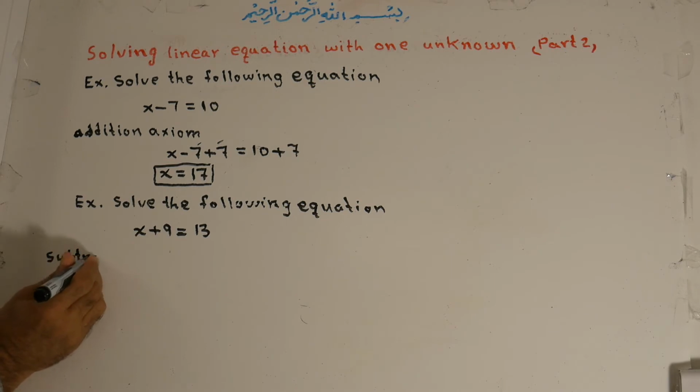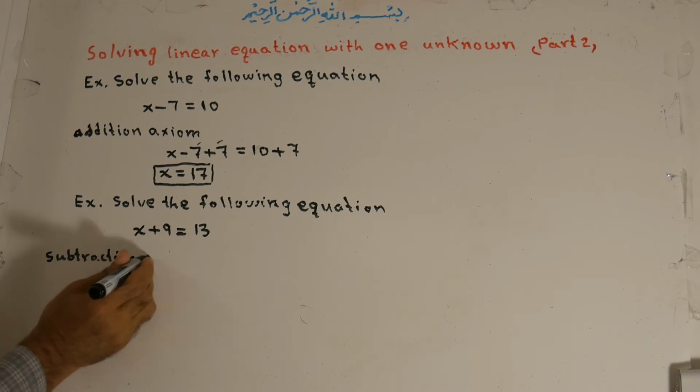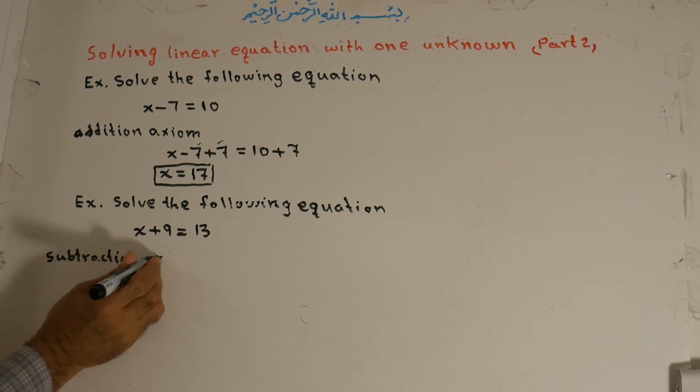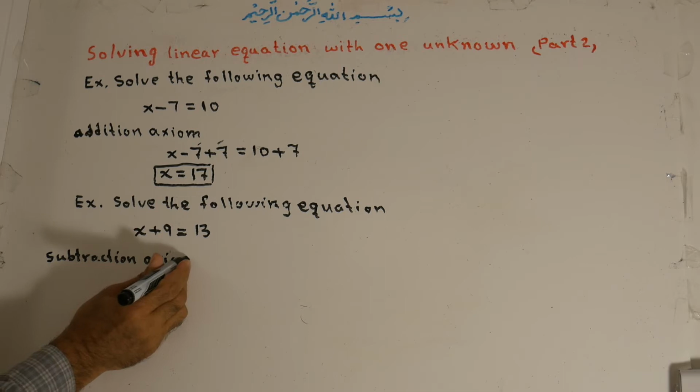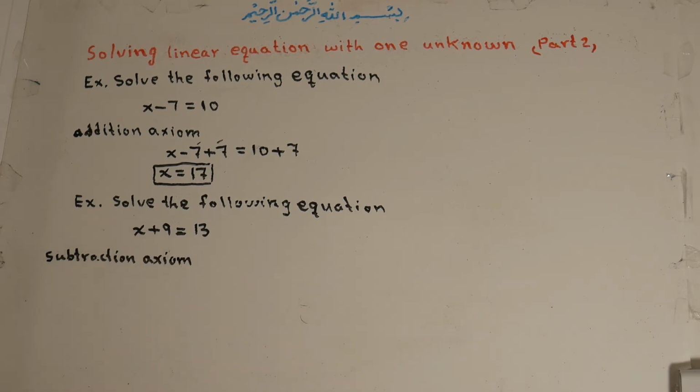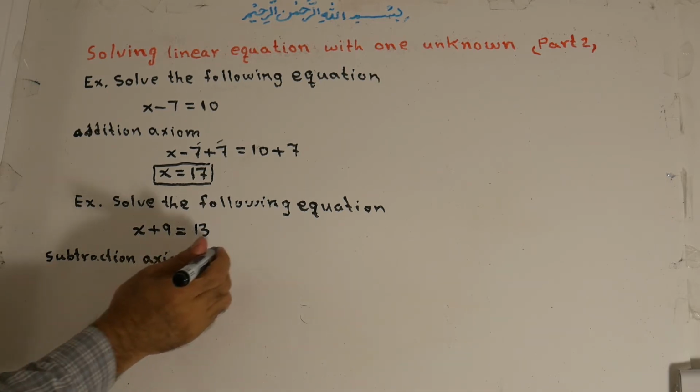According to subtraction axiom, we can subtract the same number from both sides of the equation.